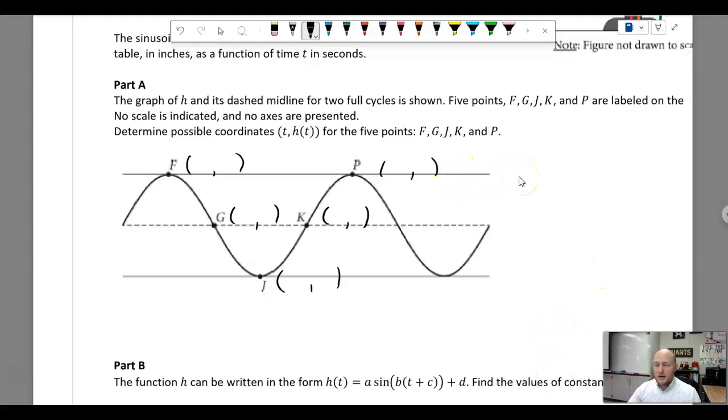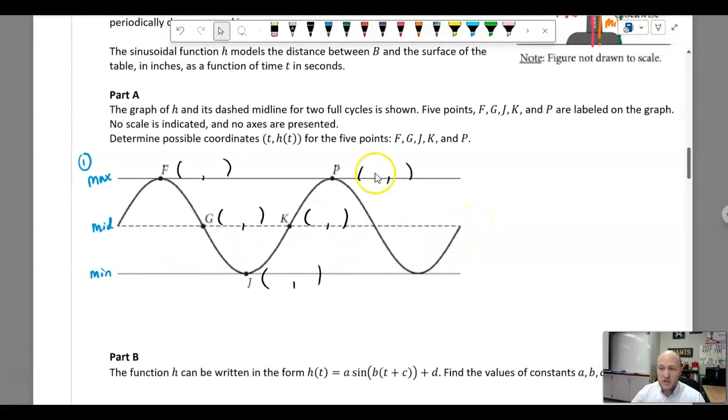So here's what I like to do first: I like to label my heights. What's our maximum height? What's the middle height? And what is the minimum height? They told us that the center of this fan is at 20 inches, so the midline is 20.